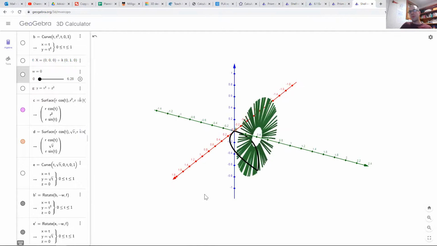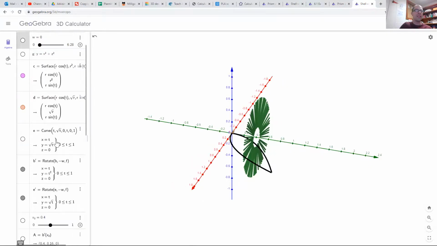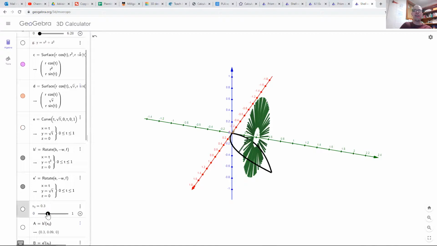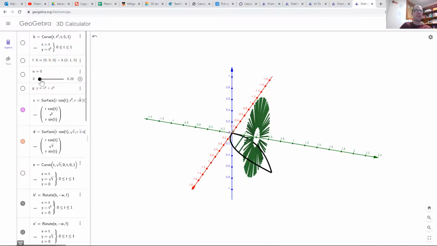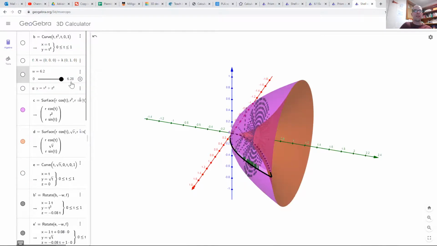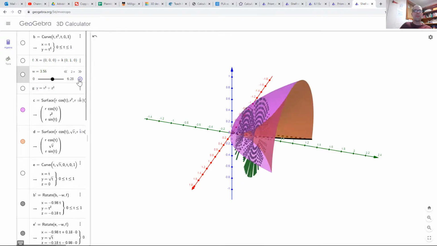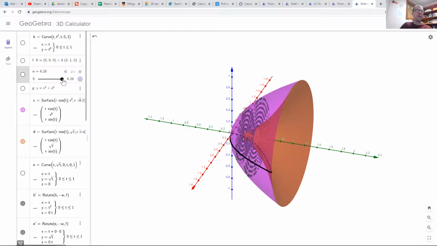So maybe the washer is even a little bit easier to see than the cylindrical shell in terms of how you would add multiple versions of this to get the entire volume. Because this is a little bit more like the volume by cross sections that we've just been looking at.